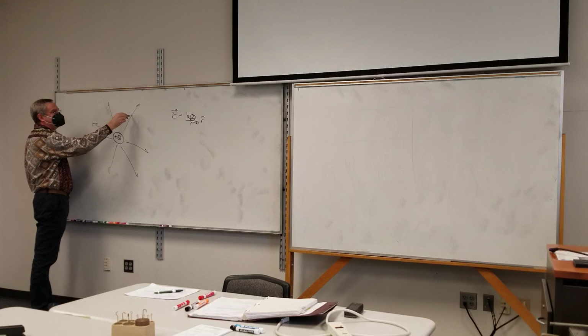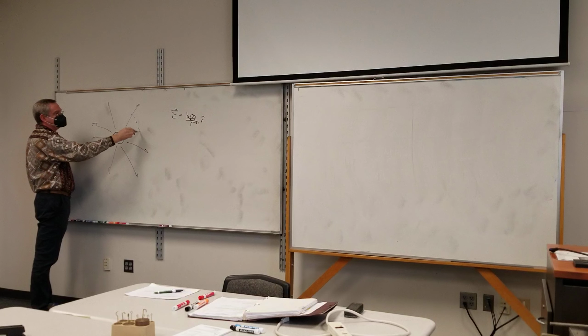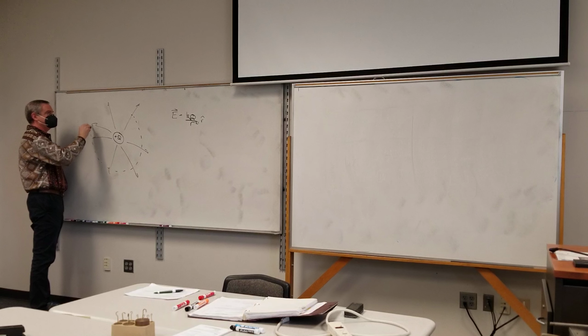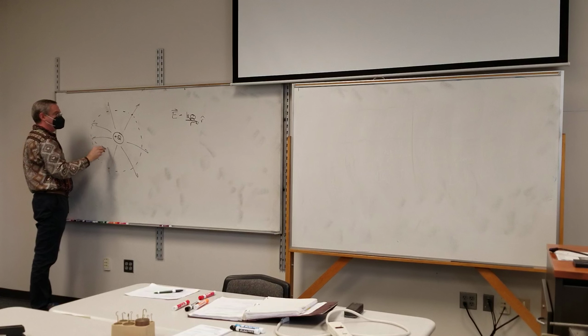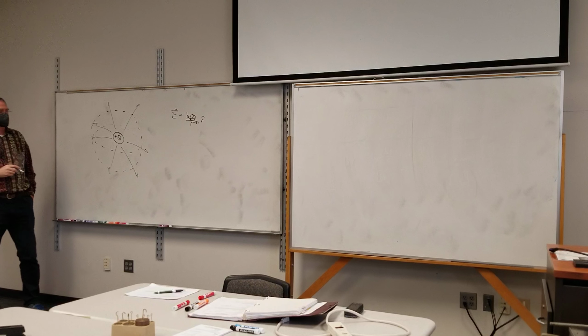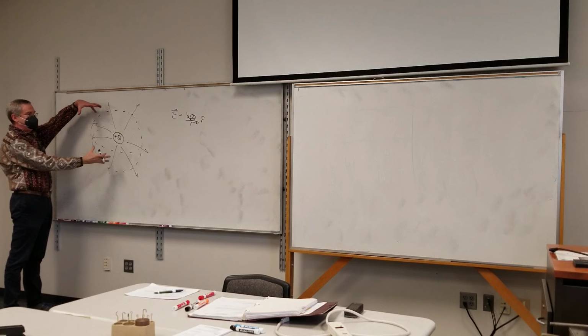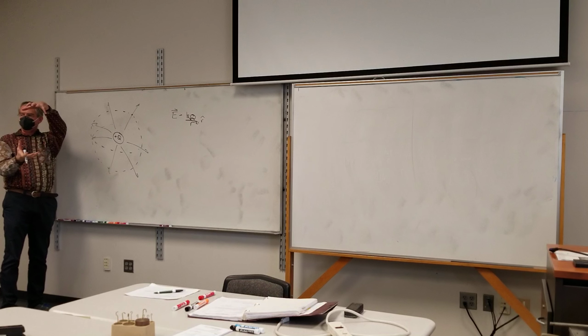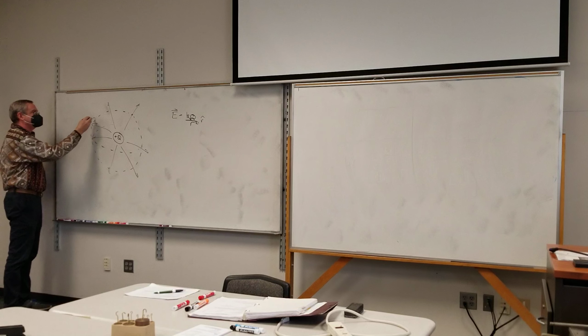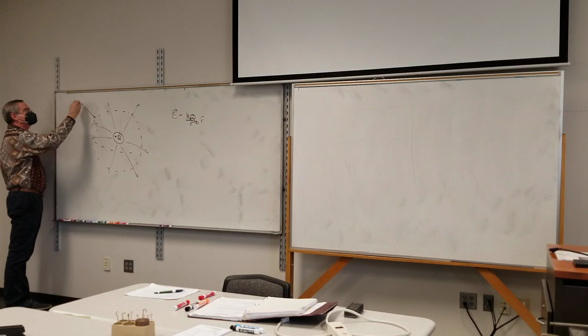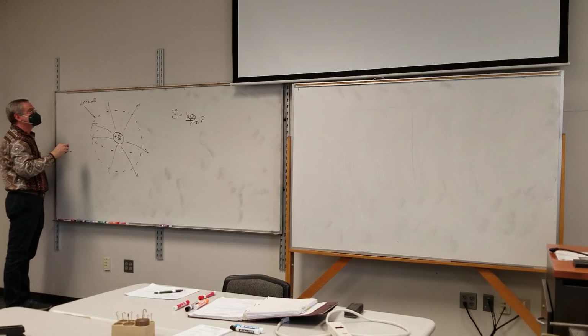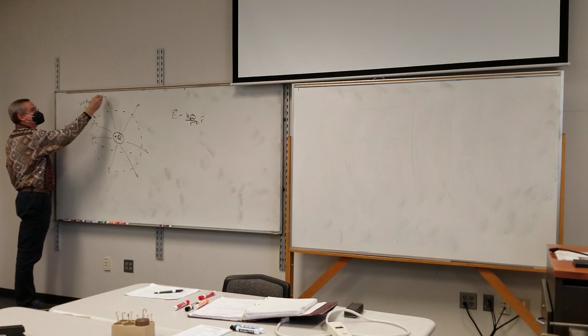If I am here, what I'm going to do is create a fake object. Imagine I've got this charge in the middle of a sphere. So I've now surrounded this by a virtual, imaginary sphere, which is known as a Gaussian surface.